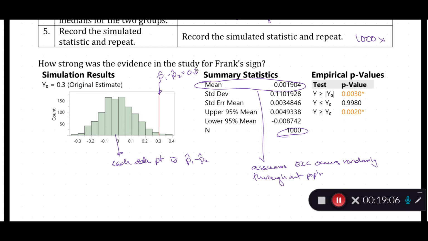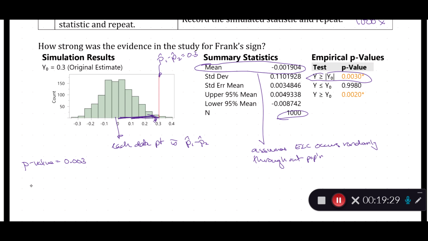Well, yeah. Our p-value is 0.003. What we observed is really different than what we would have expected. It's really far away from that hypothesized mean. It's really far away in that tail.